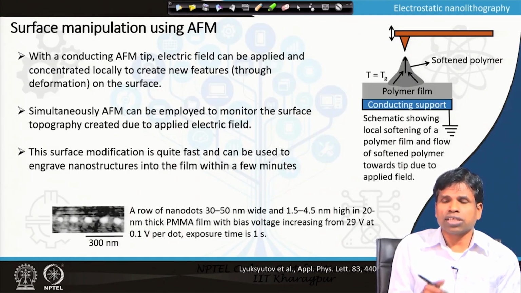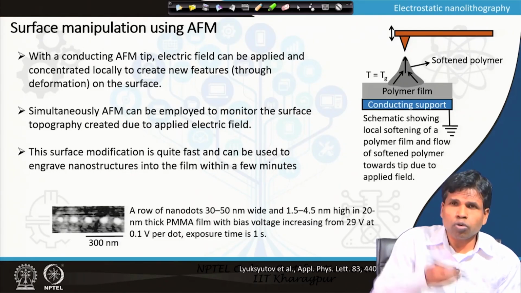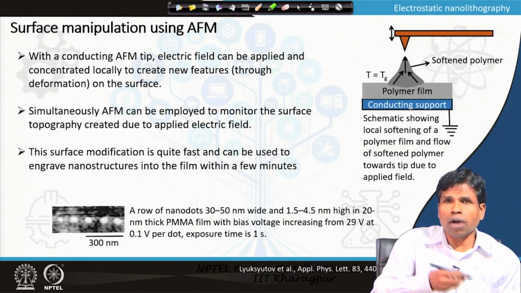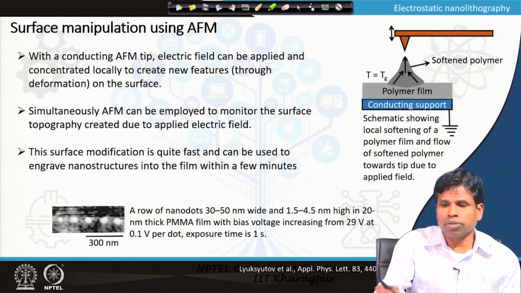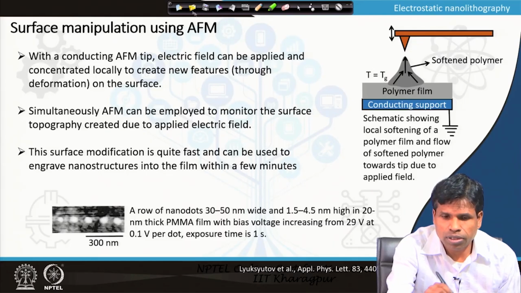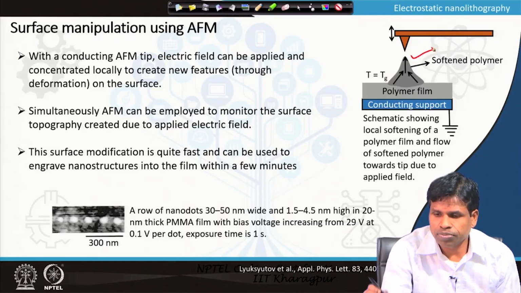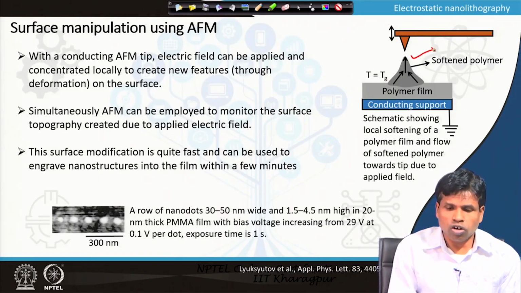As the polymer is heated from low temperature to higher temperature, when it reaches its glass transition temperature, the hard polymer becomes soft, and due to electrostatic attraction the polymer will move upward, forming upward structures as you see here in the schematic diagram.